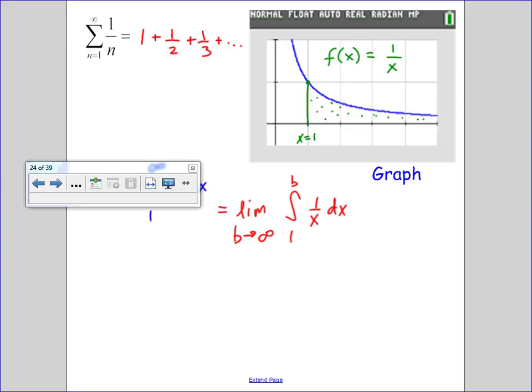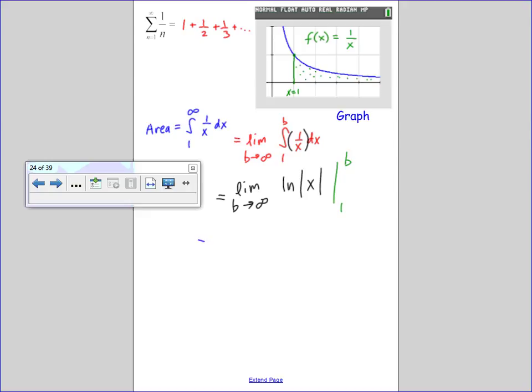And this equals the limit as b goes to infinity of an antiderivative. Can we do that? Yeah, what's the antiderivative for 1 over x? Ln of absolute value of x evaluated from 1 to b.